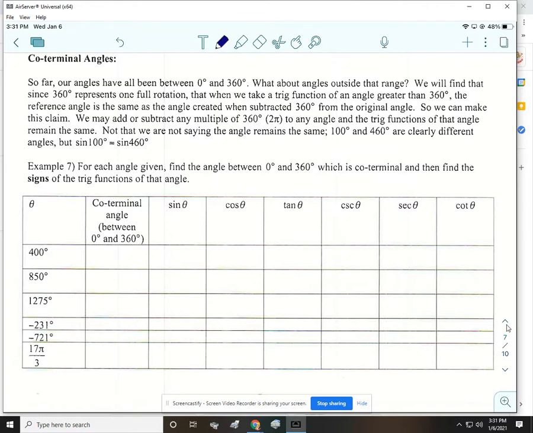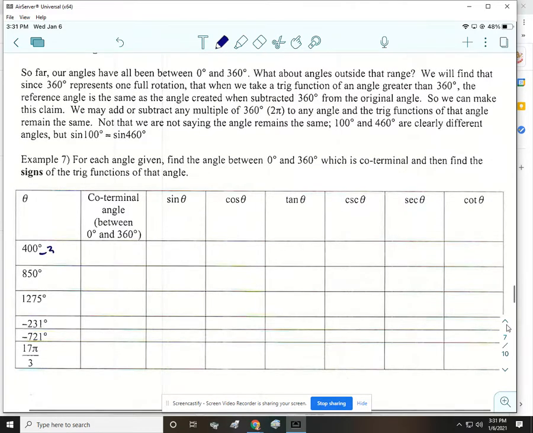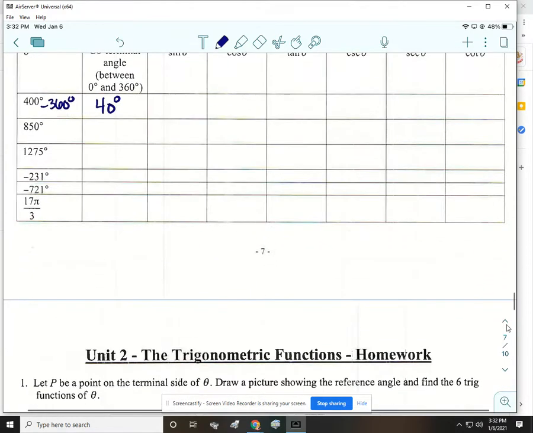So if the number is bigger than 360 degrees, to find the coterminal angle, we subtract 360 degrees. So that gives us a coterminal angle of 40 degrees. Then we have to figure out what quadrant 40 degrees is in. So down here at the bottom, I'm just going to draw quadrants.